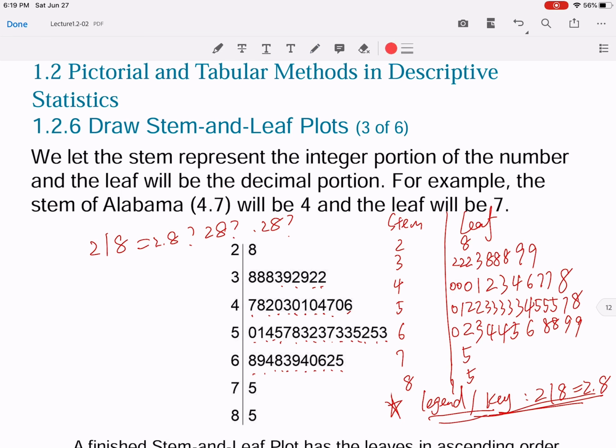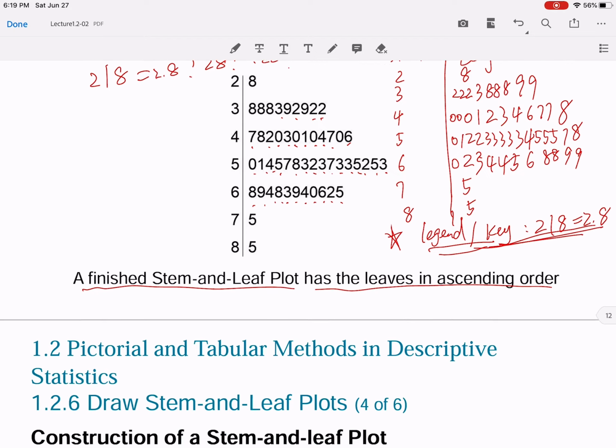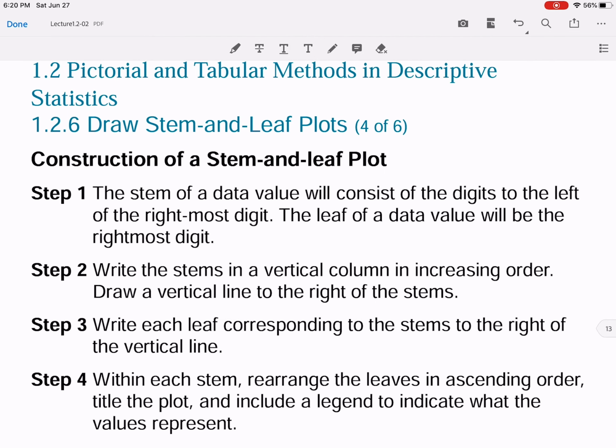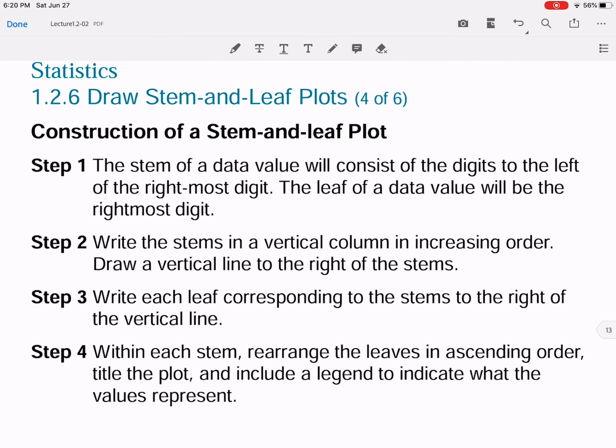Now, once we got this done, let's take a look at the steps in general of constructing the stem and leaf plot. Step 1, the stem of a data value will consist of the digits to the left of the rightmost digit, and the leaf of a data value will be the rightmost digit. So basically, we gotta know how to determine the leaves and the stems.